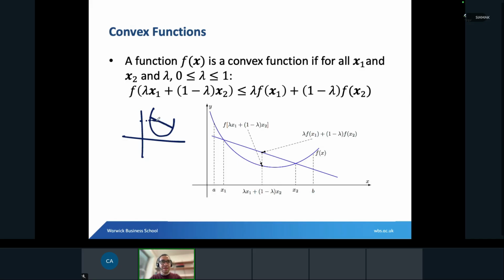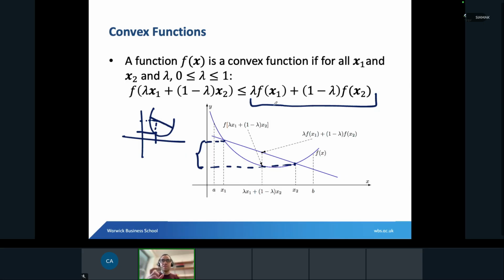Then for the same x, the function value is here. So this value is always greater than this one, okay? I can't go and check them one by one, right? So what I do is I write this one. We have x1 here and x2 here, okay? This gives me all values here, because lambda and 1 minus lambda is the linear combination, as I told you.